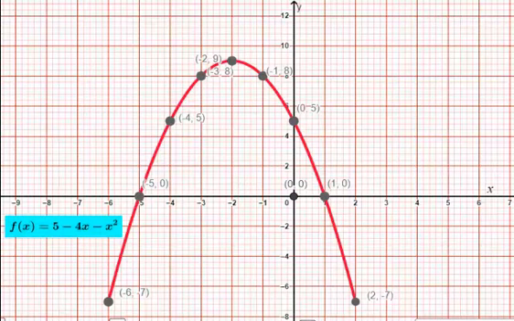The graph you see on your screen is the graph of the function f of x equals 5 minus 4x minus x squared. This graph can be divided vertically into two equal parts by drawing a vertical line through the turning point, and on this graph our turning point is found at the top there, which is (-2, 9).